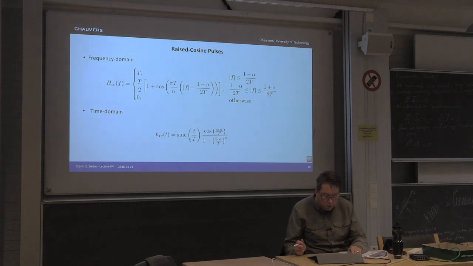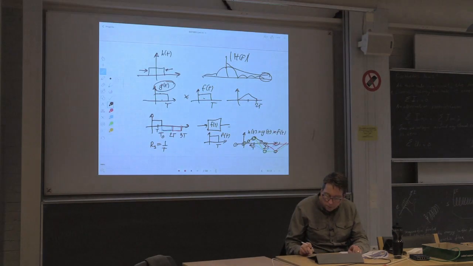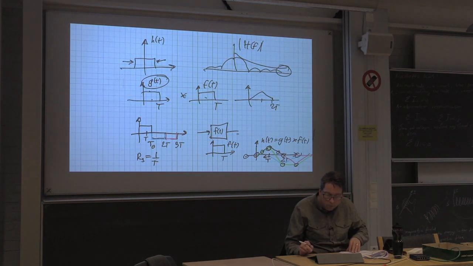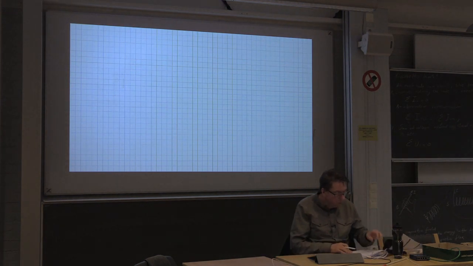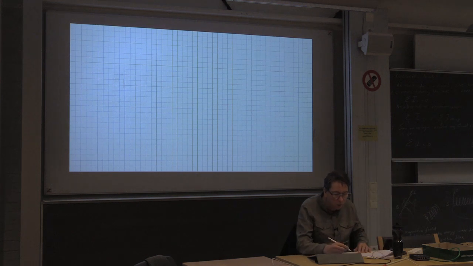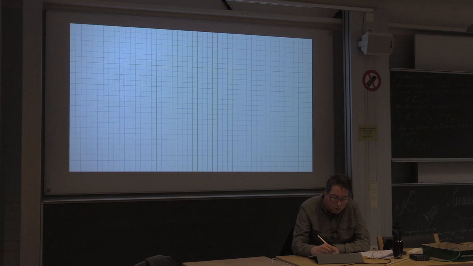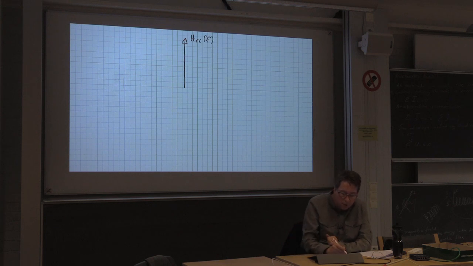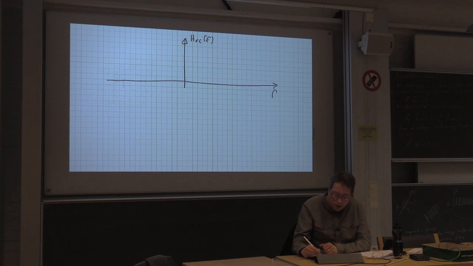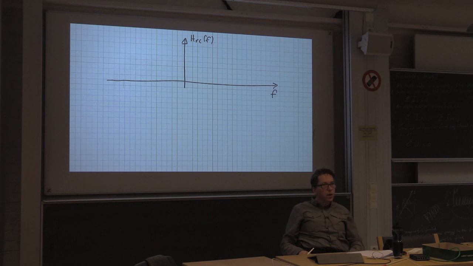let's draw this. You don't have the equation in front of you now, but you have to trust me on this one. The raised cosine pulse in the frequency domain is a raised cosine. What we have here is a plot of the Fourier transform of h.